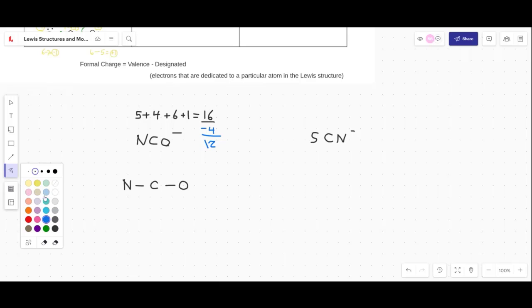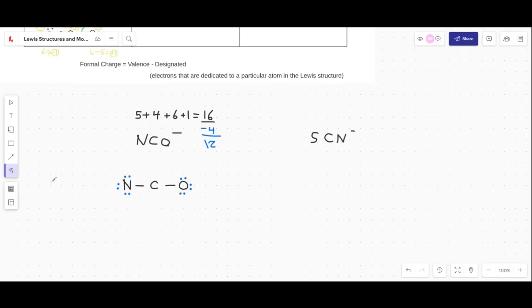So let's do it. 2, 4, 6, 8, 10, 12. All right, so in this case, I have a carbon that's not happy, right?